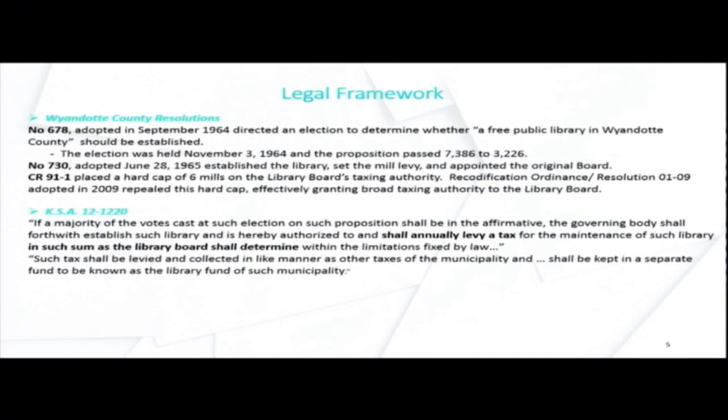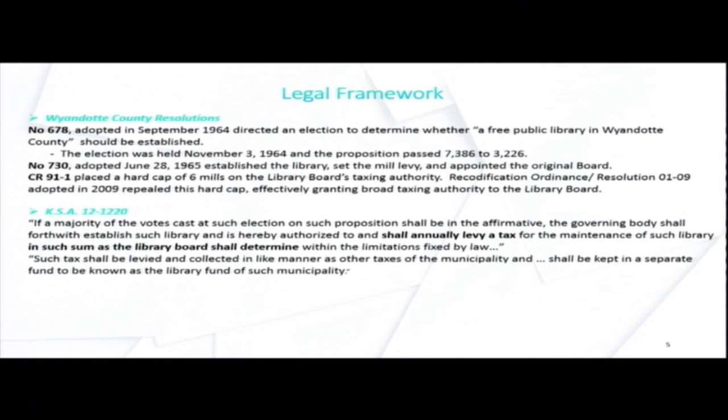So state statute has established this kind of special library governance that we have, and it basically, Kansas statute 12-1220: If a majority of the votes cast at such election on such proposition shall be in the affirmative, the governing body shall forthwith establish such library and is hereby authorized to and shall annually levy a tax for the maintenance of such libraries in such sum as the library board shall determine within the limitations fixed by law.